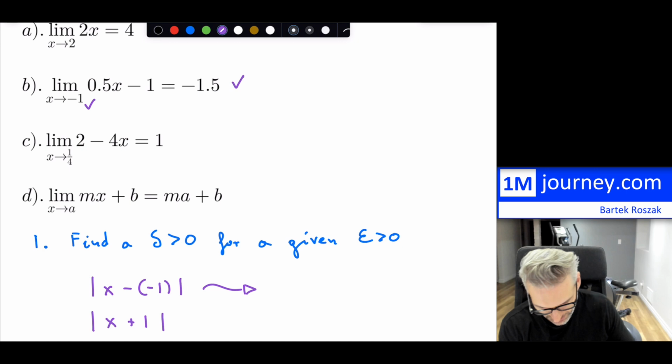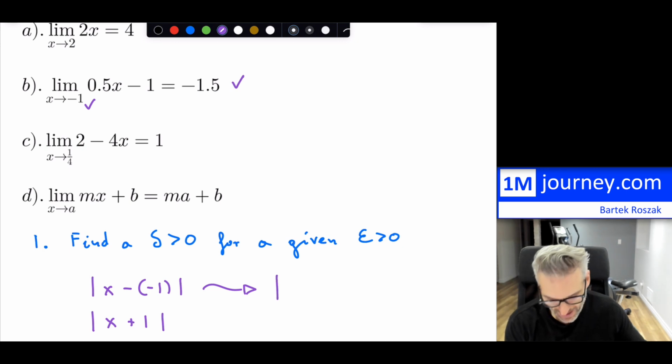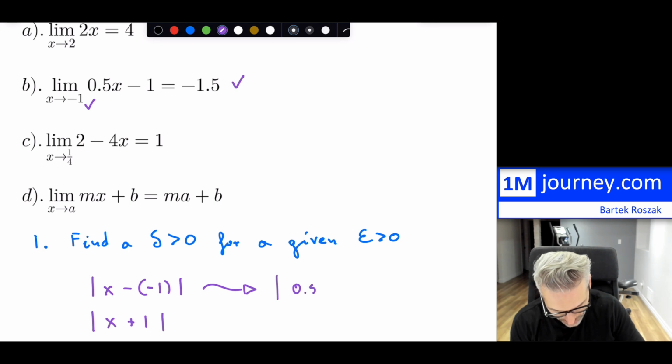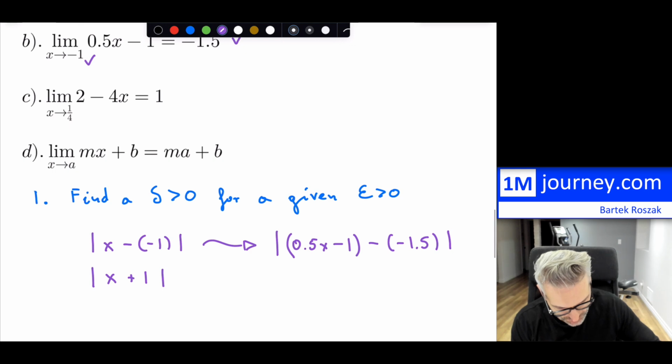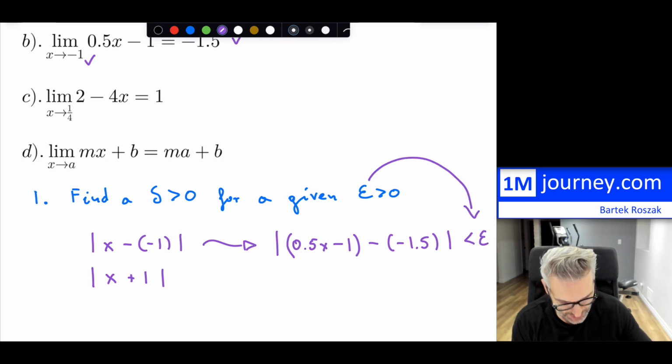And now we want to connect it back to f of x. In this case, f of x is 0.5x minus 1. I'm going to put it in brackets, minus -1.5. That's my limit. Within this, this is supposed to be less than the epsilon, which has been given to us.